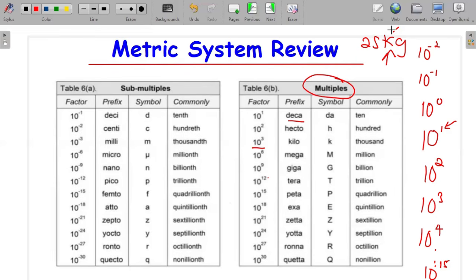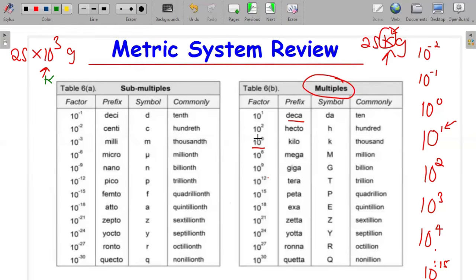So that 25 kg bag of millie meal is the same as 25 times 10 to the power 3 grams. But they just remove it and put a K, because a K and 10 to the power 3 literally mean the same thing.